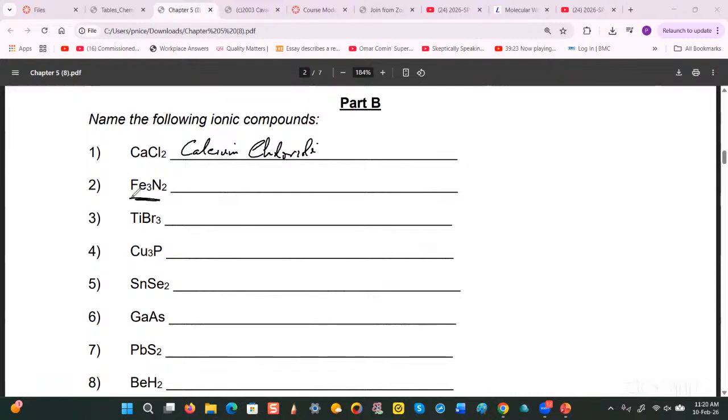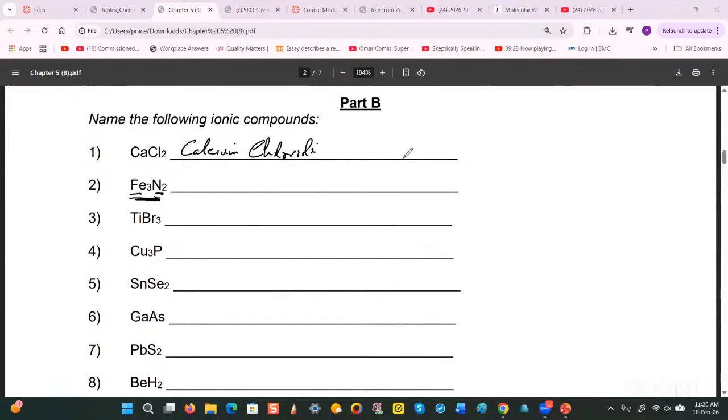Now, this one here is slightly more challenging because they gave you iron and nitrogen, right? If you look in the tables of the ions, you see that there are 2 forms of iron ions. One carries a +2 charge and the other one carries a +3 charge. So the question now becomes, which one is it?